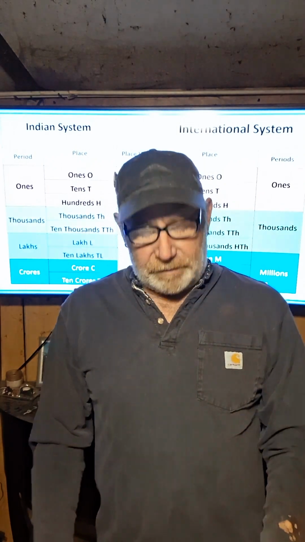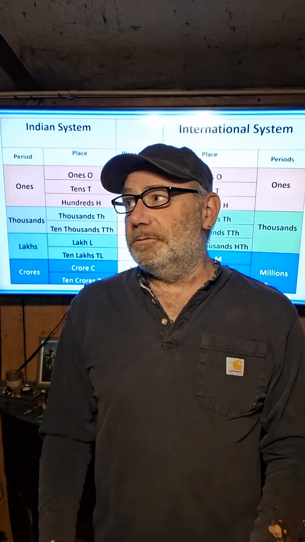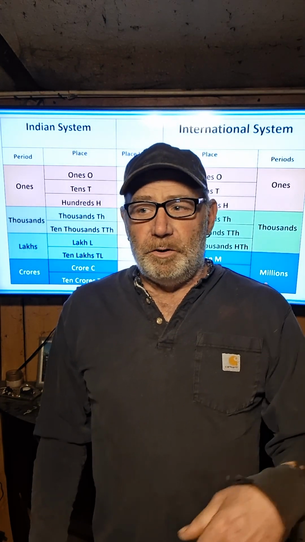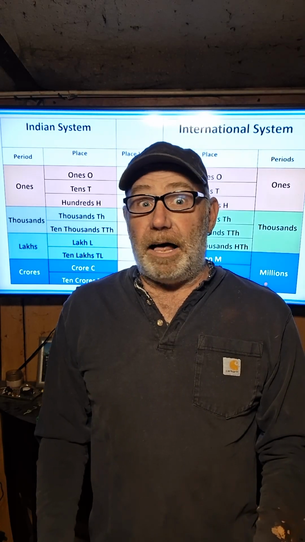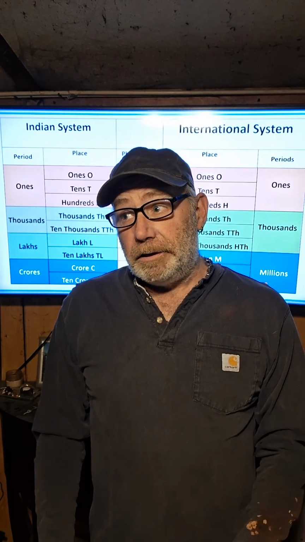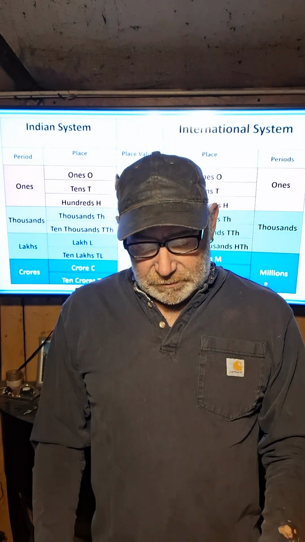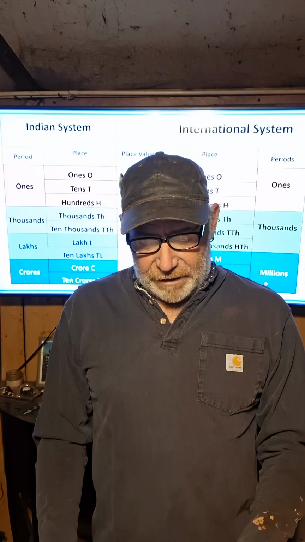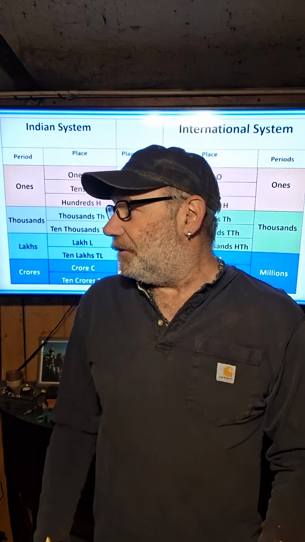So it was a little bit more efficient to use in the calculations, which turned into being able to have algebra, geometry, and with the place value system, it just seemed a lot simpler for a lot of people.